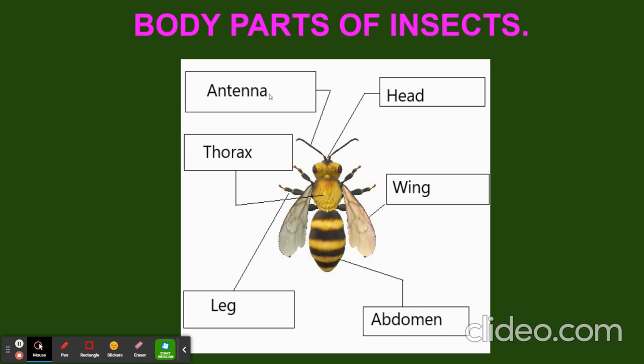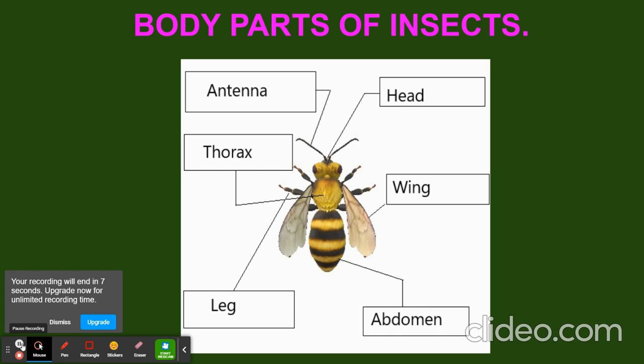Antennae. So, you will be labeling the body parts of an insect: antenna, head, eyes, thorax, wing, leg, abdomen. So you'll be learning the body parts of an insect also. Okay?